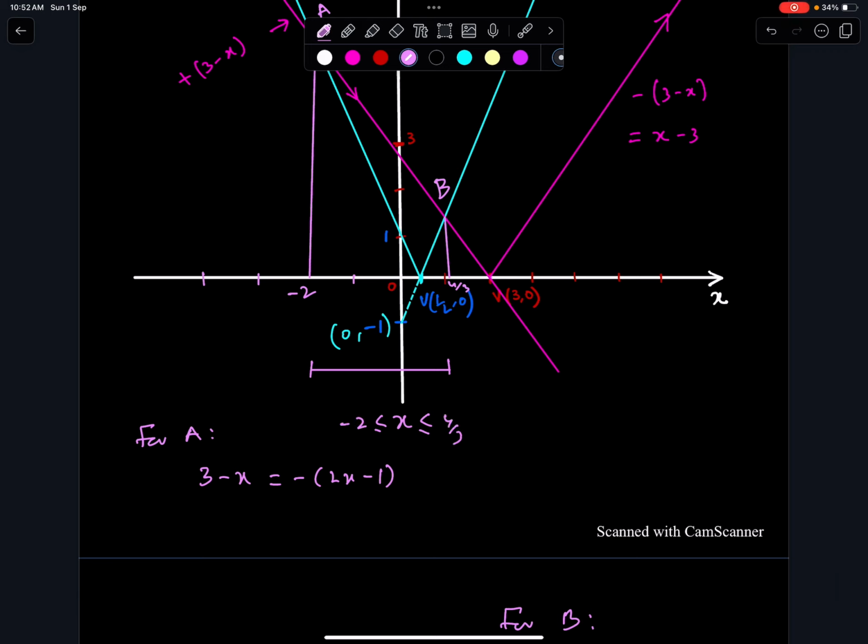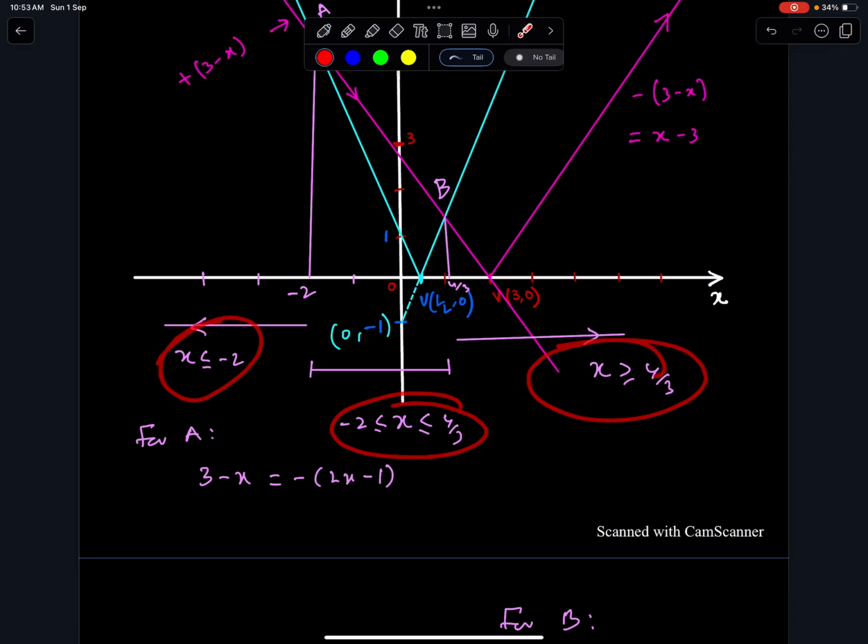And if these two parts are required regions, then we would write the solutions in this way: x greater than or equal to 4 upon 3, x less than or equal to minus 2. Now let's check which solution, this one or this one, is correct.